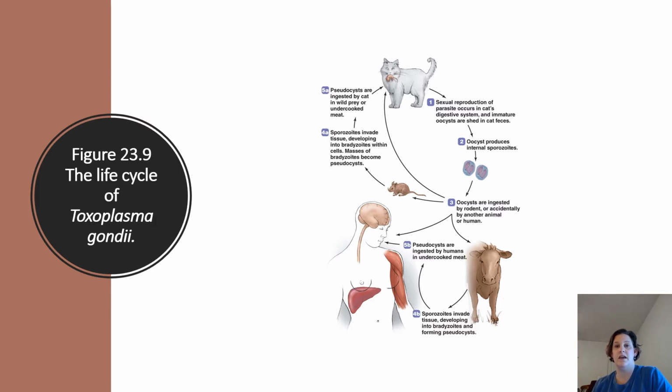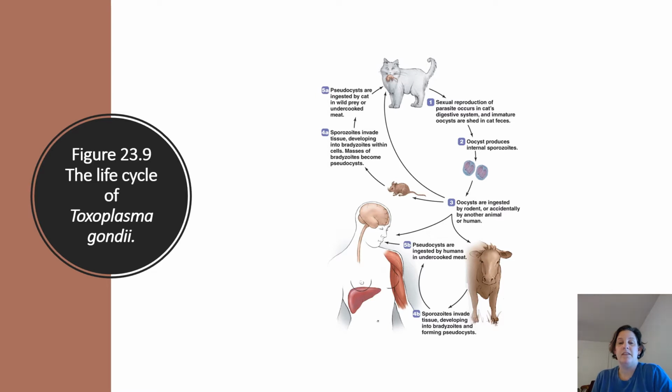And then the same kind of system happens where there is a lot of division of the cells, and those sporozoites, as they invade the tissues, can be in any of our organs, which is why sometimes in organ transplants, individuals can acquire toxoplasma.